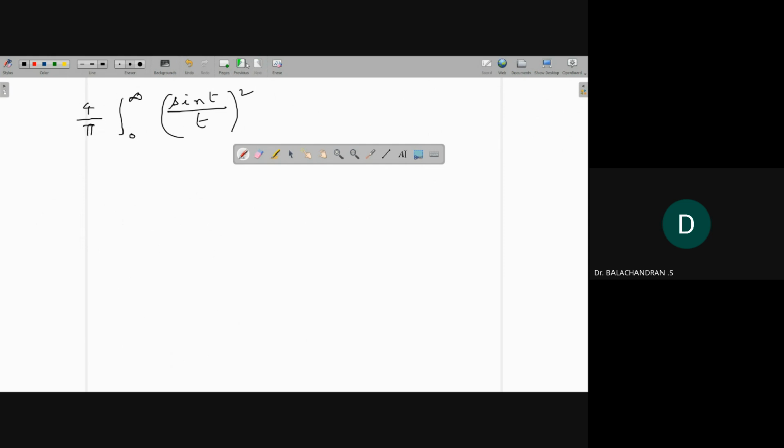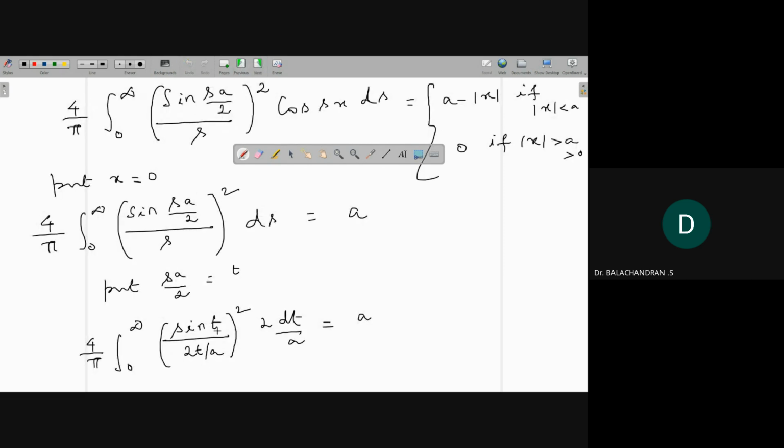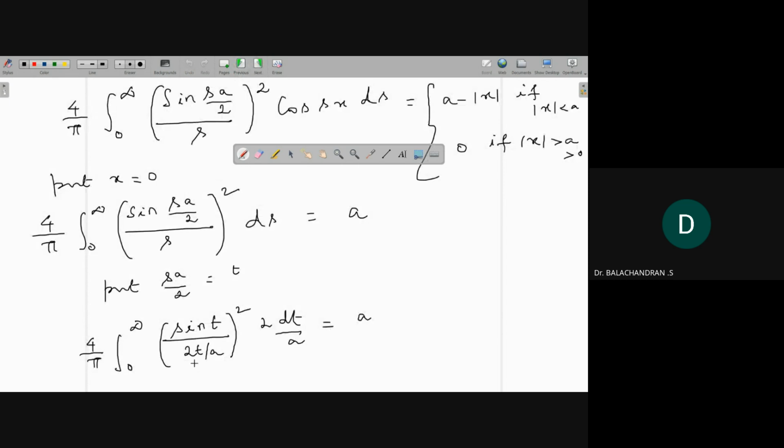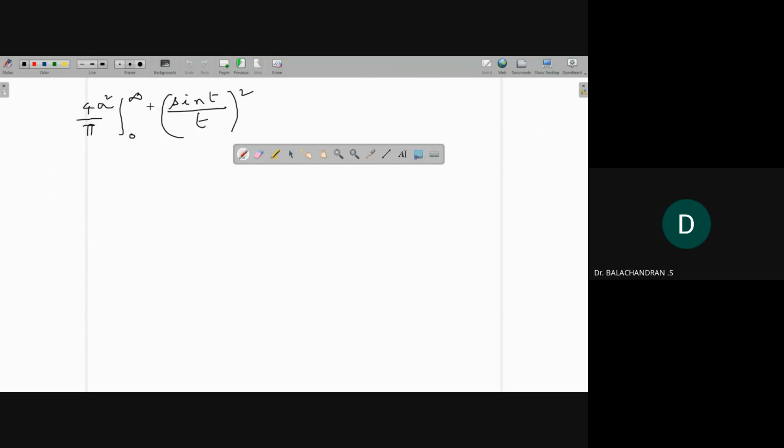Sine t by t whole square. And then this a is going to the numerator, which means a square. I'll write a square here because it is constant. And 2 square is 4, so I'll write 1 by 4 here.